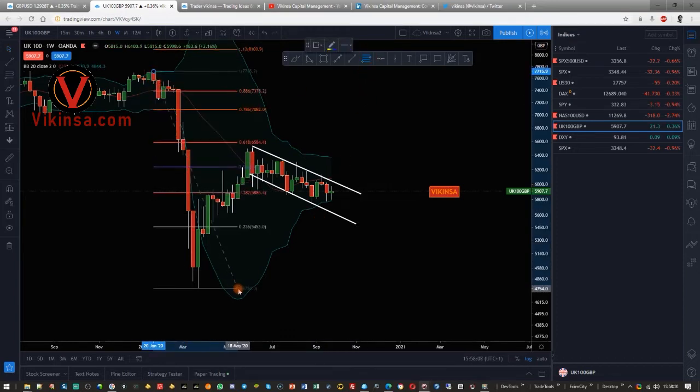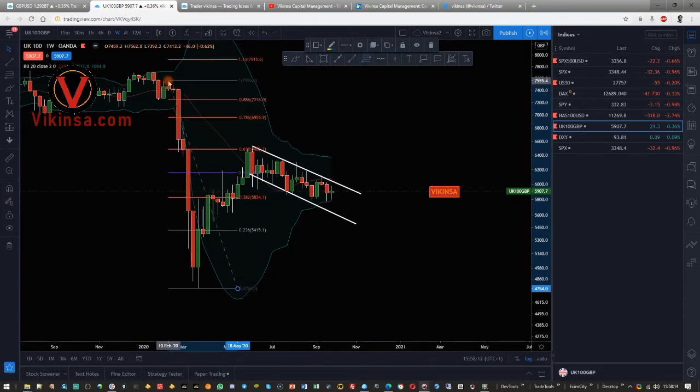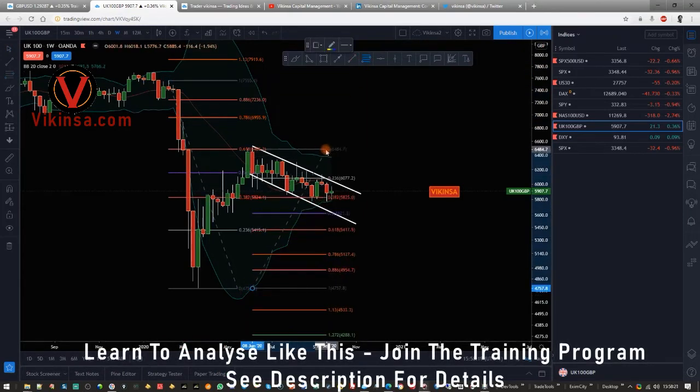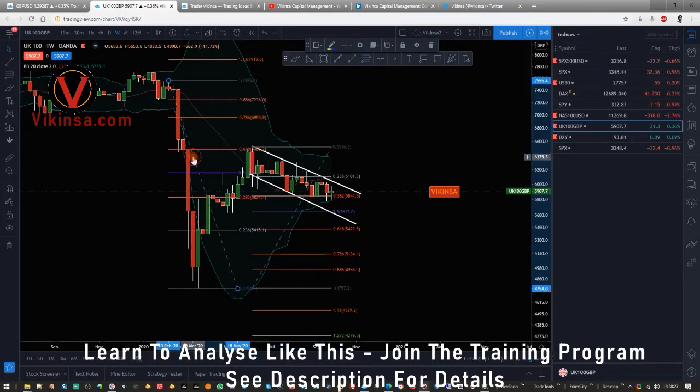If I draw Fibonacci from the top, it's 50%, and if I draw from somewhere around there, it's 61.8. And if I draw Fibonacci from the bottom to this level, this has come to 38.2, which is looking like a very, very good support level.